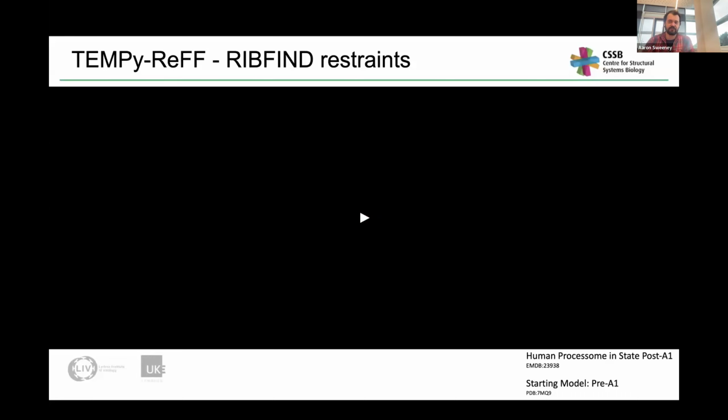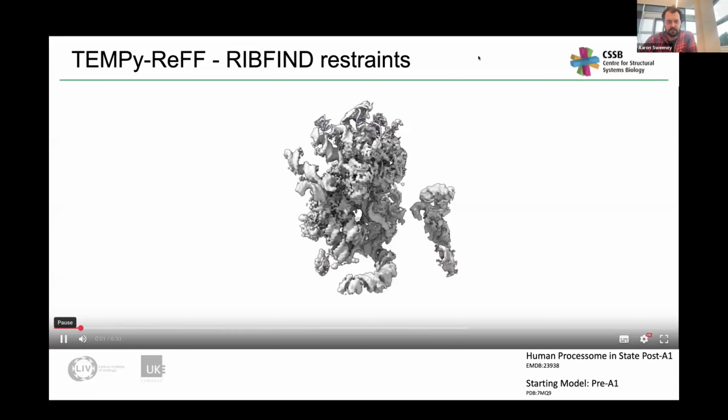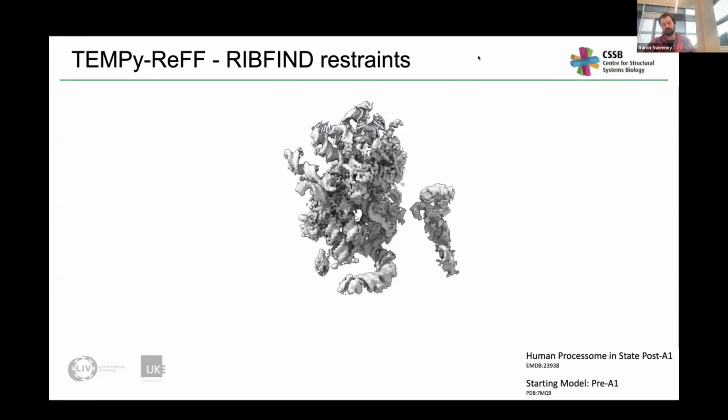Unfortunately, TEMPy-ReFF, just like MDFF and correlation-driven approaches, has a limitation, and that is that it's quite easy for it to get stuck in local minima. I'm going to try and visually show you this with this little movie. Hopefully it plays. So here we've got a human processome in the post-A1 conformation.